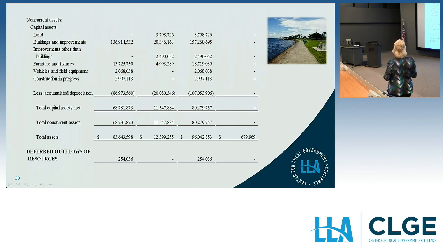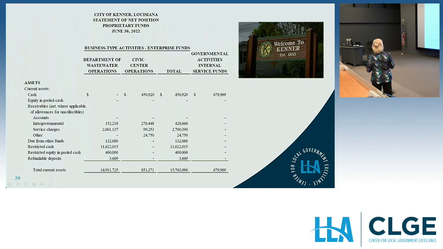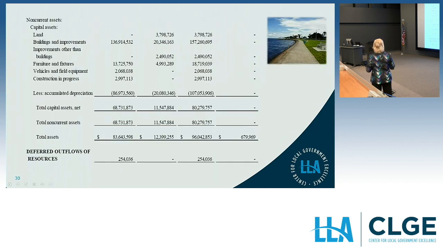So here they are with their non-current assets, which are long-term assets, and they separate theirs out by category, less their accumulated depreciation. So then they get to their total assets. You see that? So they have to separate theirs out into current assets and non-current assets to get to total assets. All right, easy peasy. We did not have non-current assets on our governmental fund balance sheets.